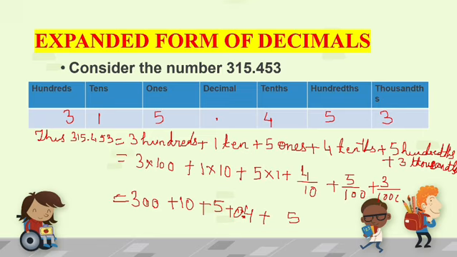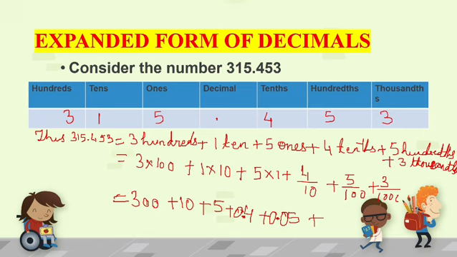There is no other number. So to count two places and then put a point, you have to put a 0. So it will become 1, 2, then you can put a decimal point. So 0.05.